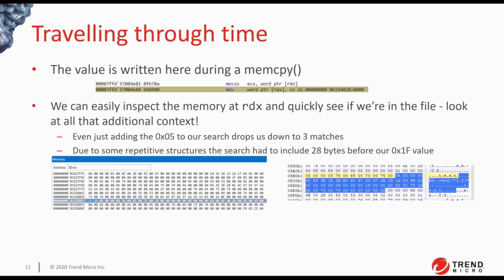But due to some repetitive structures, I had to include 28 bytes before our 1S value, but that got me a unique spot in the file that you see highlighted on the right there. You'll notice we're pretty far into the file, at an offset of over 5B0. So we are quite a ways in.